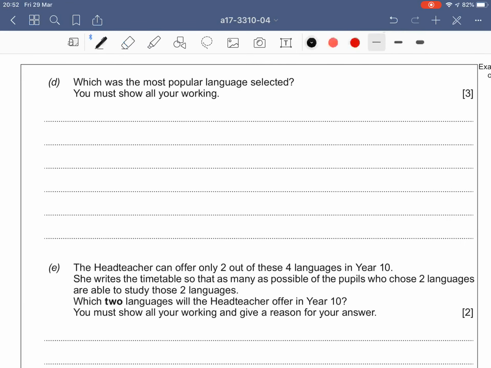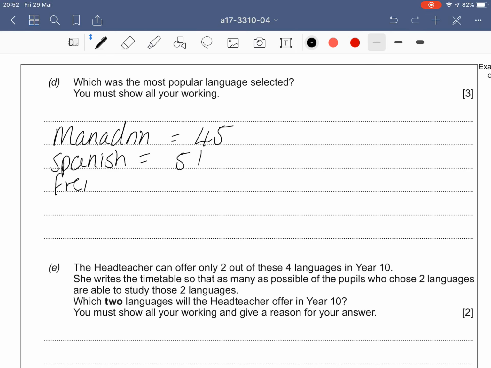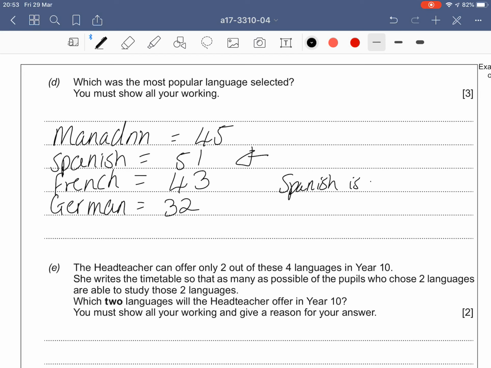You should end up with Mandarin being 45, Spanish 51, French 43, and German 32. So the highest number is Spanish. So you can say that Spanish is the most popular.